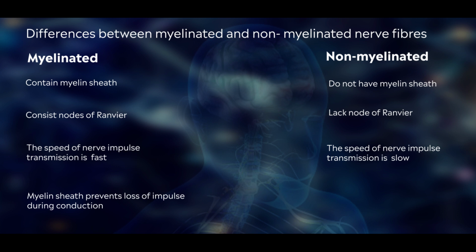Whereas in myelinated nerve fiber, there is no such loss. And non-myelinated can lose impulse during conduction. So these are the main points of difference between the conduction of impulse in the myelinated nerve fiber and in the non-myelinated nerve fiber. So with this, we come to an end of our lesson today.